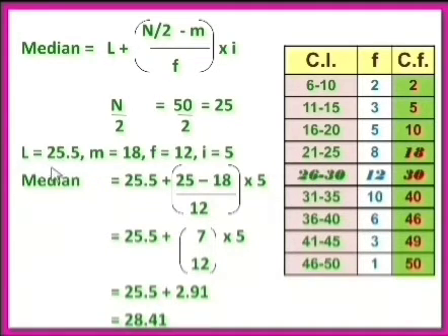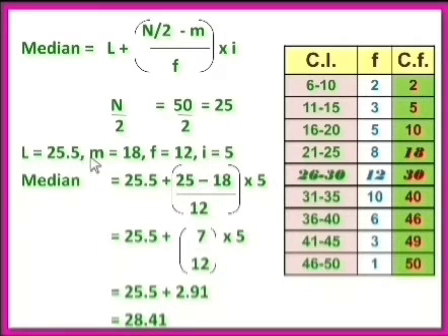Therefore, we get L equal to 25.5. And m is the cumulative frequency just above the selected row. Therefore, the cumulative frequency m equal to 18. And f is 12, that is the frequency of the selected row.